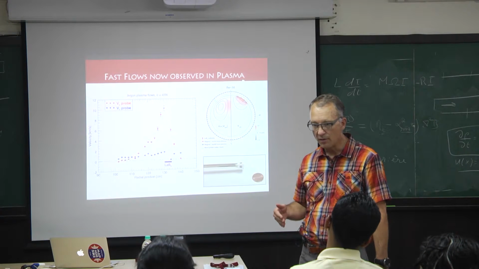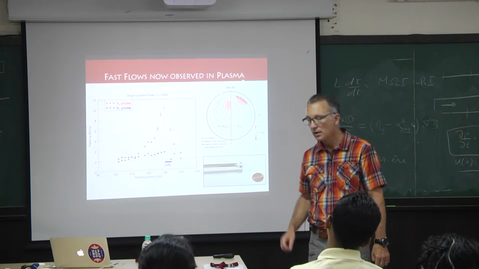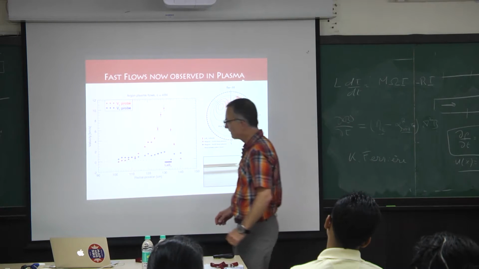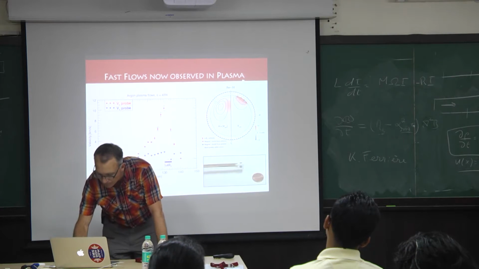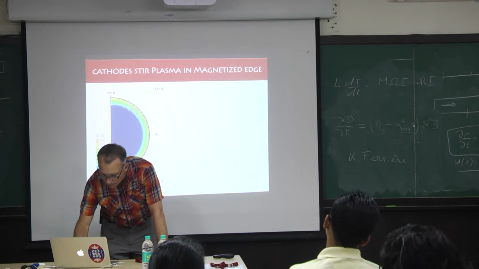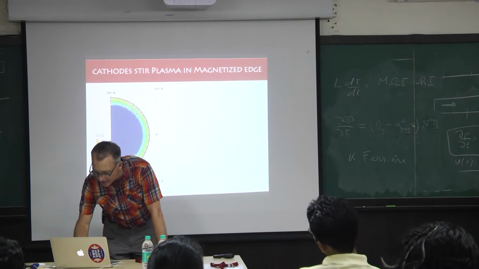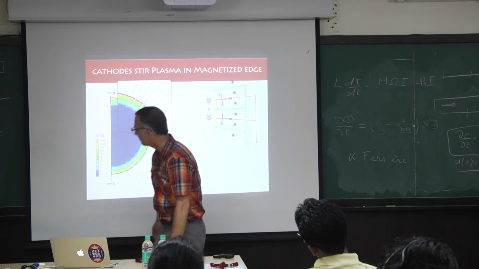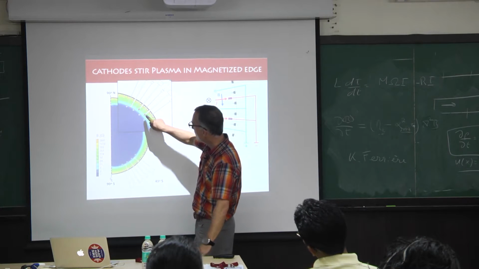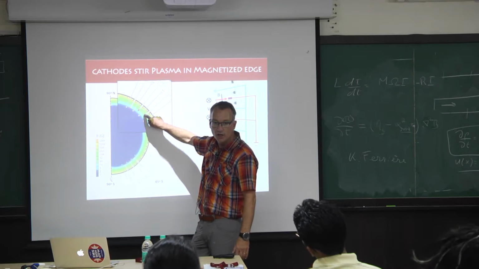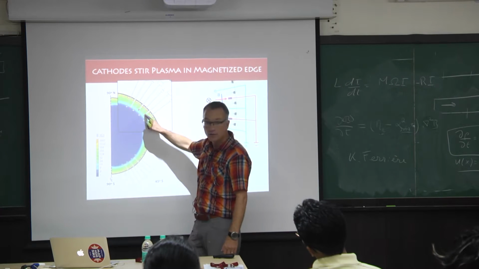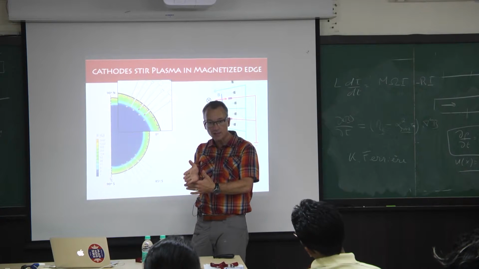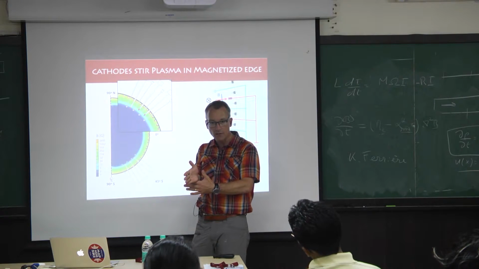From the cathode. So is that what you're asking? Right. There are two things I'm doing here. One is these hot cathodes that inject current. I'm pulling those into the magnetized edge. They're putting lots and lots of current and power into the plasma.